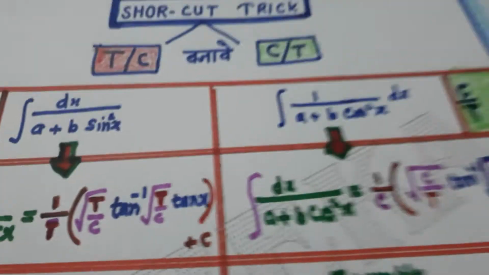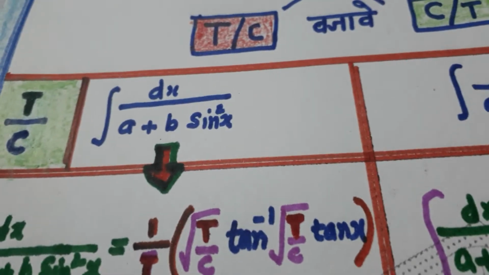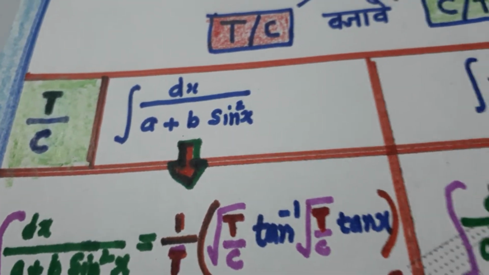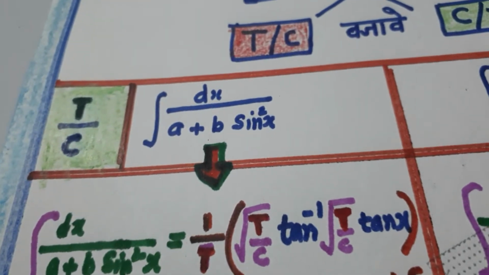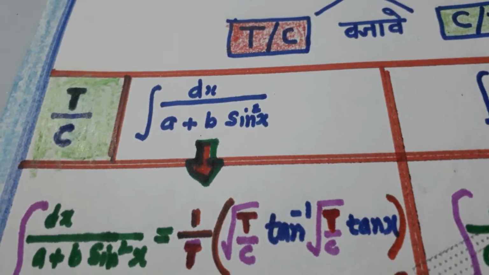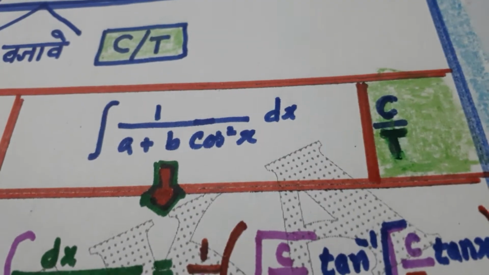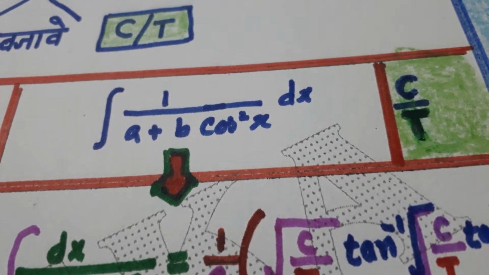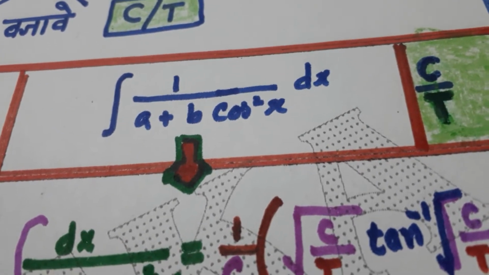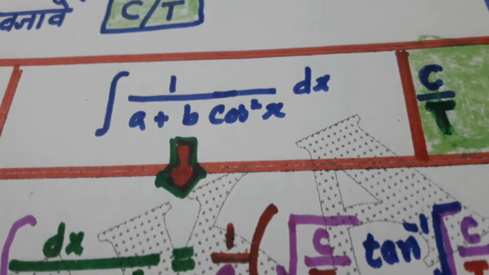Now look here, these are two formulas. TC formula is integration of dx over a plus b sine square x, whereas CT formula is integration of 1 over a plus b cos square x dx.